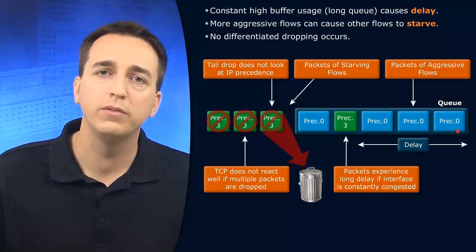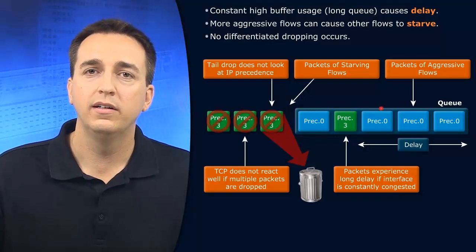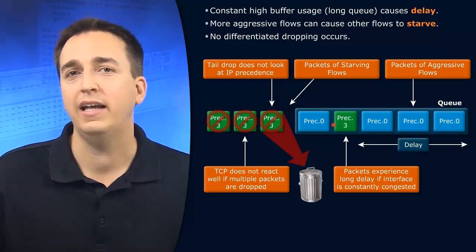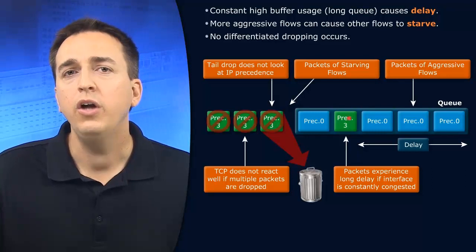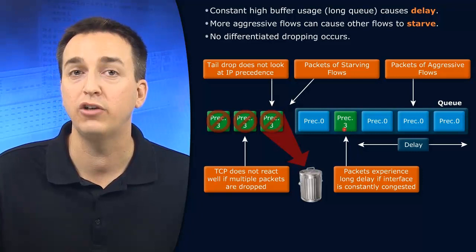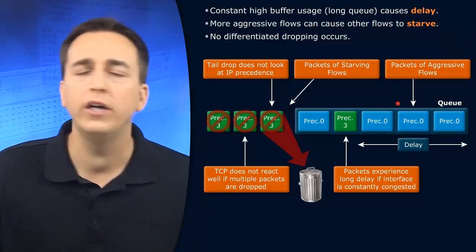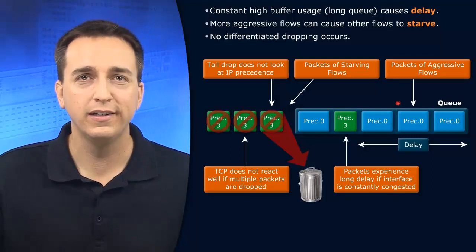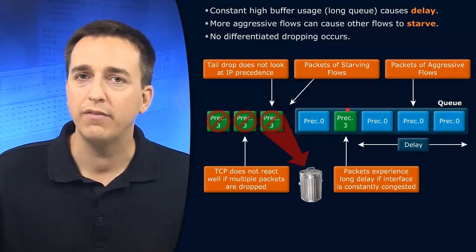Notice that we have some blue traffic. This is going to be our UDP traffic. And then we have our green packets, which is going to be our TCP traffic. Notice that the IP precedence of our TCP traffic is 3, and our UDP traffic is 0. So which one should have a higher priority? Well, the higher priority is the TCP-related traffic.